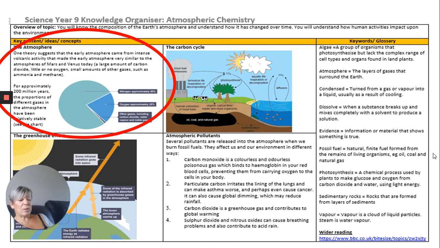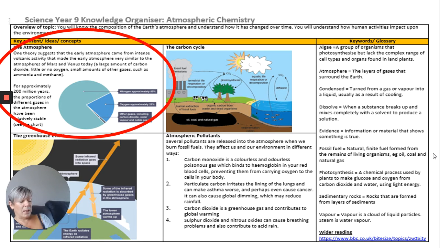So the first section looks at the atmosphere. This section has some key information. Firstly, you need to think about what you already know about the early atmosphere and compare it to today's atmosphere. Some key information is stated here. The early atmosphere, about 200 million years ago, had lots of volcanic activity.